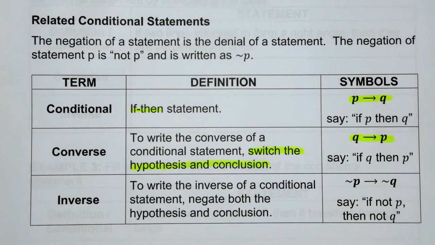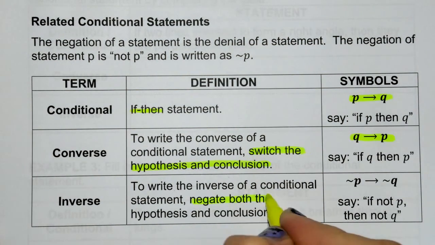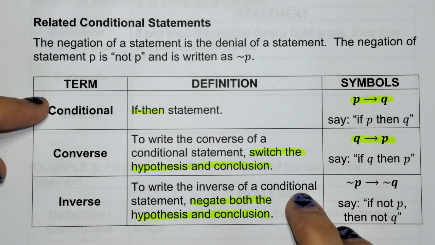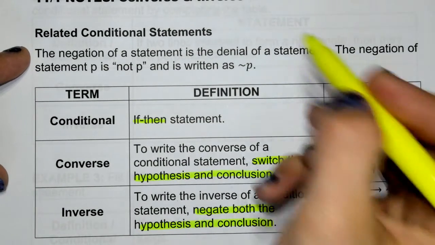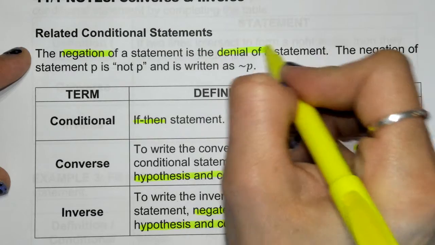Now, your inverse, you're going to take your conditional statement and you're going to negate both the hypothesis and conclusion. So again, you're going back to the conditional, your original. Now up here at the top, your negation is a statement that is the denial of the statement.